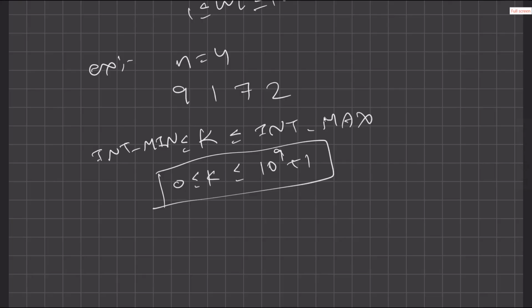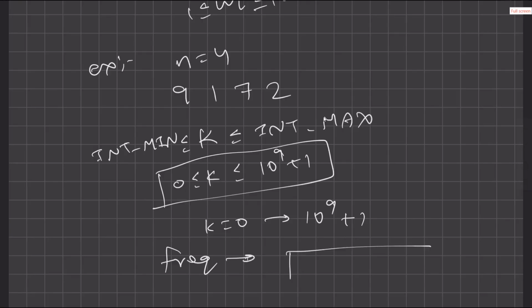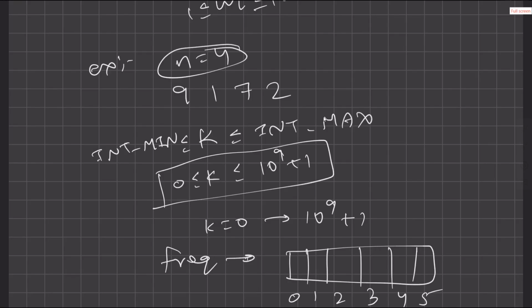In the brute force, we can choose k from 0 up to 10 to the power 9 plus 1, and create a frequency vector whose size will be n plus 2. So this is the first index, second, third, fourth, fifth, and this is the 0th. Since the size is 4, our elements belong to the middle positions only, and the question says you have to consider 2 more indices.